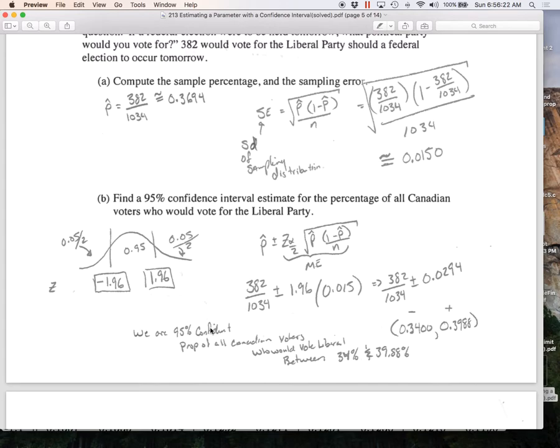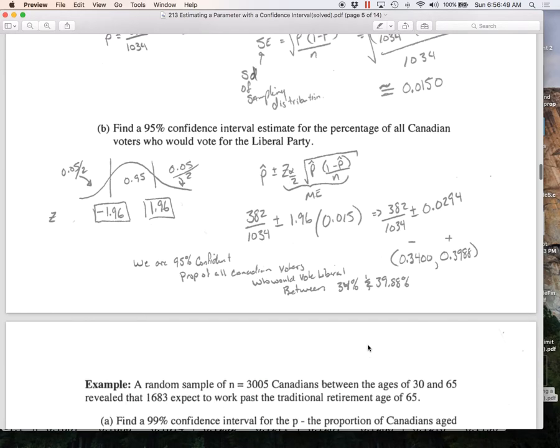We're very highly assured that the percentage of people that vote Liberal will be in between 34 and 40. Is there a chance this is wrong? Absolutely. In fact, we're not even stating that we're 100% sure. We're saying we're 95% sure. The proportion of people that vote for Liberals truly could be anything, really. But we are 95% sure that it's between this and that.